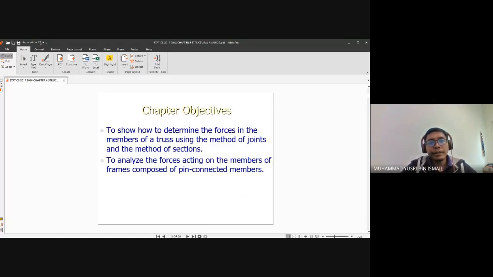So the objective of this lecture is basically to show how to determine the forces in the members of a truss using the method of joint and the method of section, and to analyze the forces acting on the members of the structural analysis composed of pin and roller.